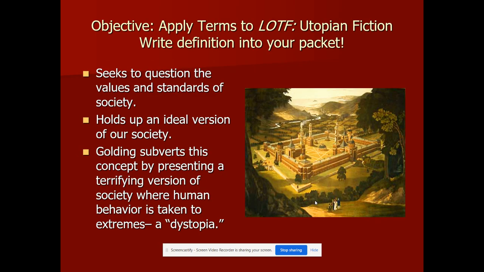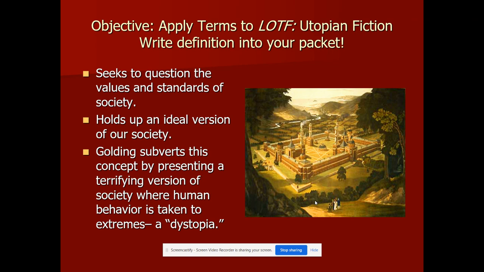Okay, so some terms here. For utopian fiction, you only need to know that utopian fiction holds up an ideal version of society. In the beginning, it seems like the island is a utopia. It seems perfect and beautiful, all fun all the time.